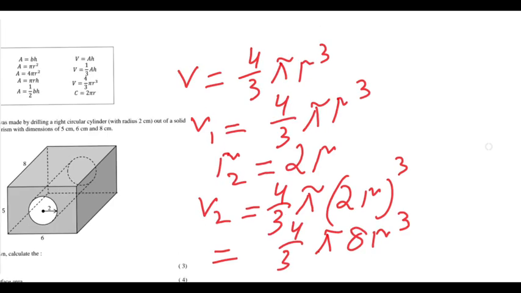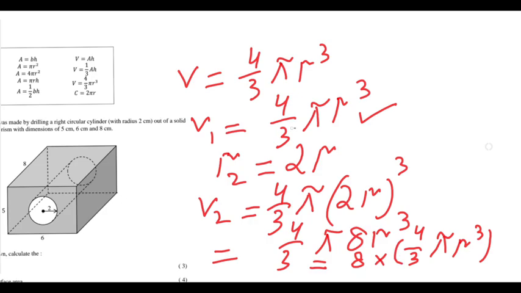So 4 over 3 pi 8R cube, and you can see this is 4 over 3 pi R cube, and if I take the 8 out, I can write it like this as well: 8 multiply 4 over 3 pi R cube. Nothing is wrong, because it's the same thing.